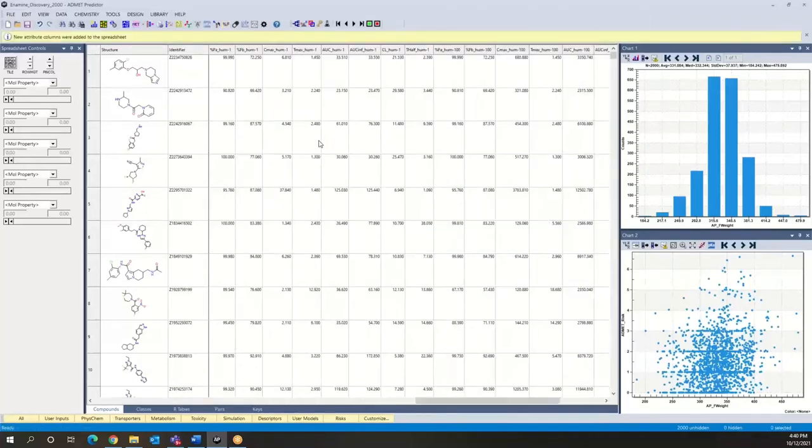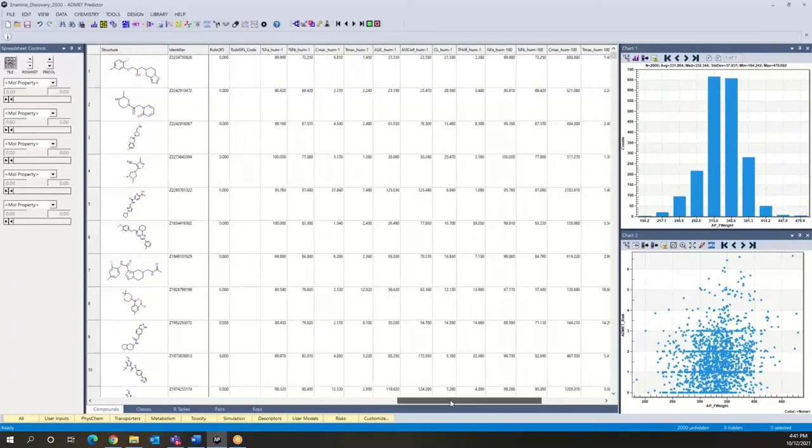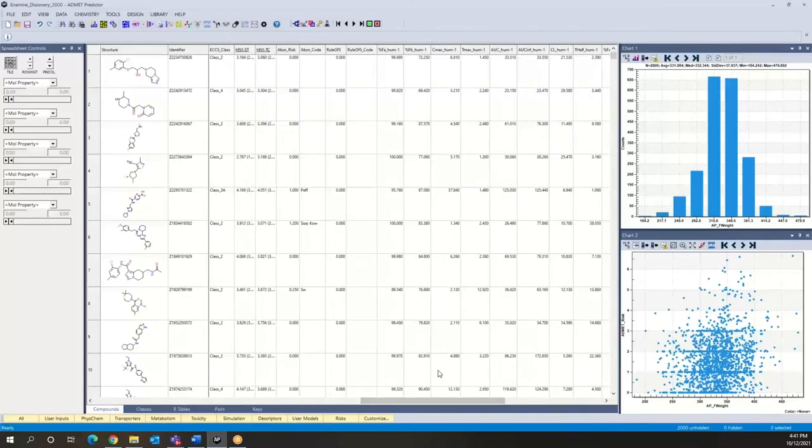We get a number of columns output back to us: %FA for the 1 milligram dose, and if we look over to the side, we also have it output for the 100 milligram dose. So again, we have a duplicate output for the 1 milligram and 100 milligram doses.